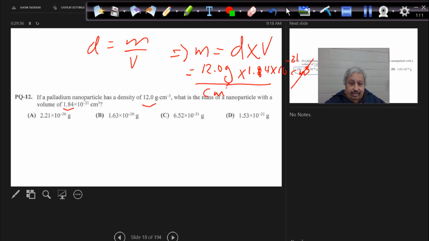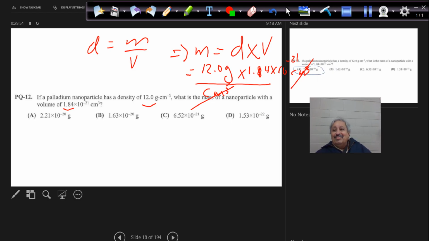Centimeter cube with centimeter cube cancels out. So how much is it? What's the answer here? How much? A? It's circled in front of me as A. Okay, that's good. That's A.